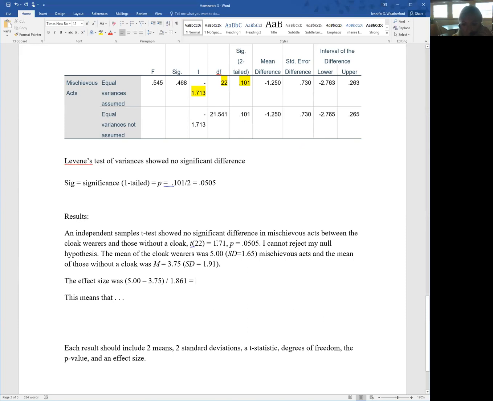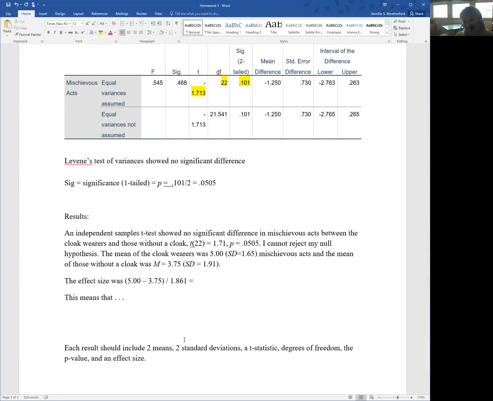So our result was not significant, and I'm sure the reason is because our groups were too small. We only had 12 in each group. If we'd had 20 in each group with these same means right here, 5 and 3.75, our result would have been significant. That's how the math and statistics works. But then here's the downside to that. What if I could get 2,000 in each group, and all I'm asking is their favorite color? What's your favorite color?